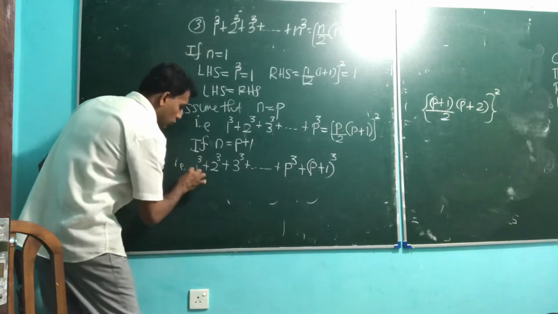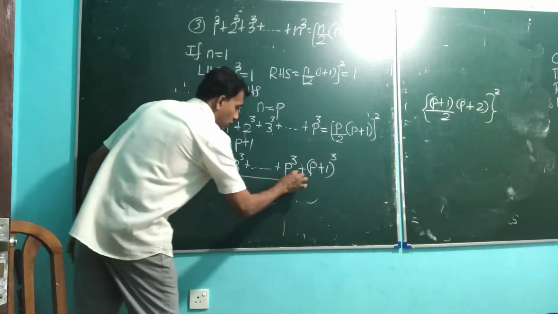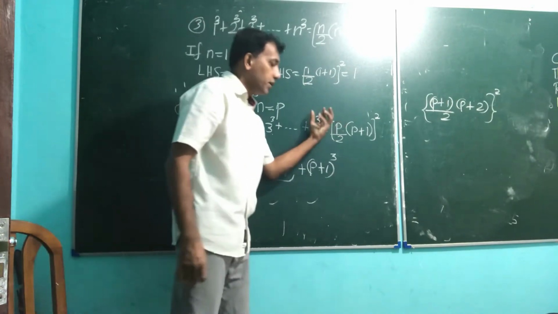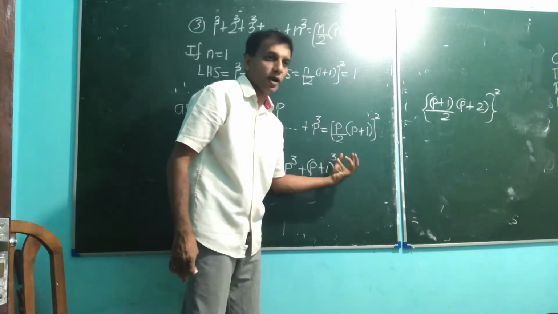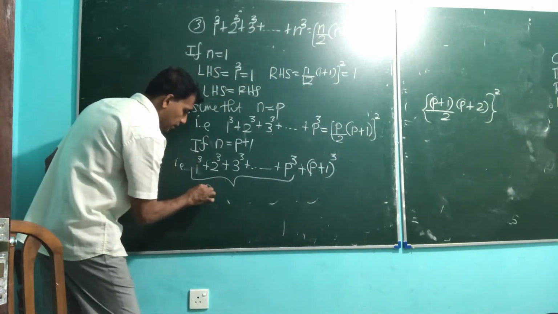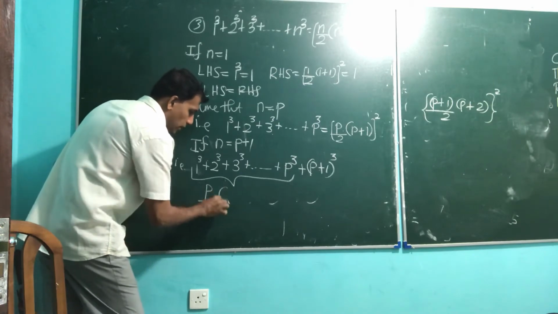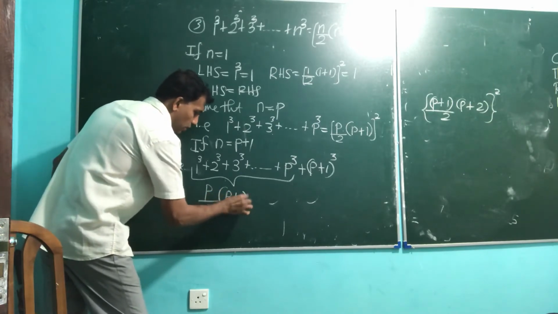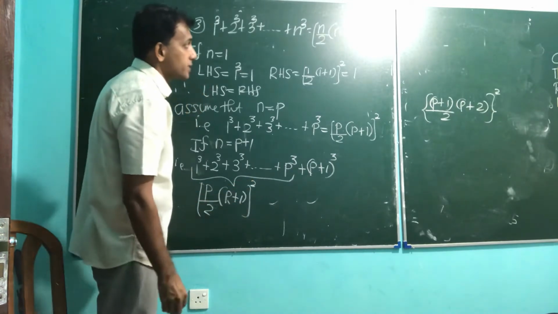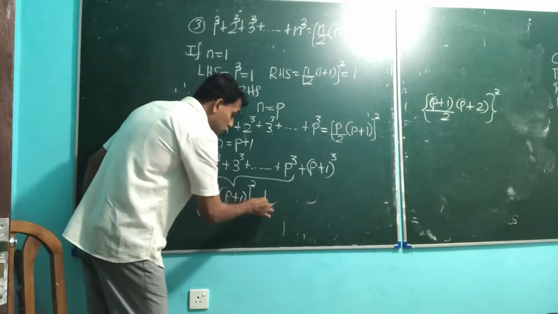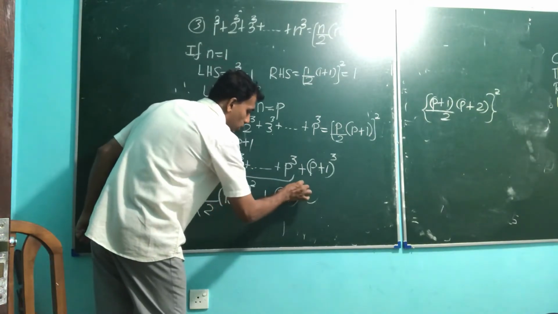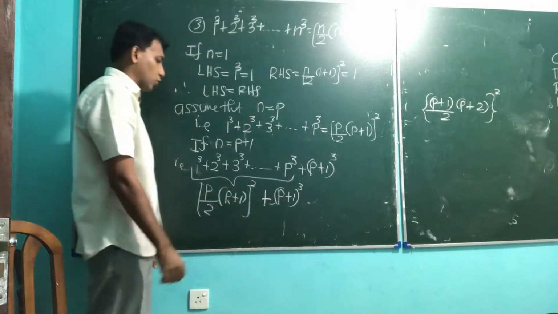Okay, therefore, you know the assumption, we can take here 1 cube, 2 cube, 3 cube, p cube is what? p by 2, p plus 1, all things square, right? p by 2, p plus 1, completely square. Is it okay? That's the answer, right? Plus additionally you have p plus 1 cube.